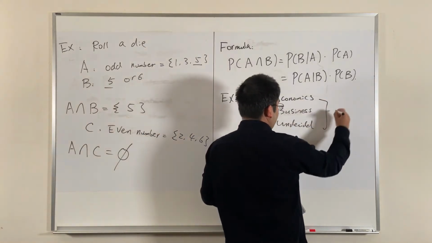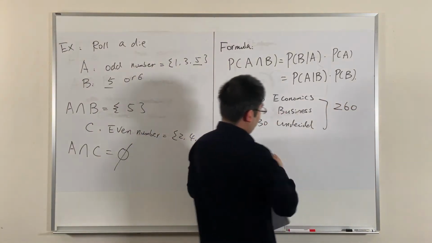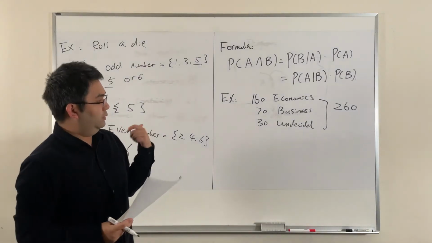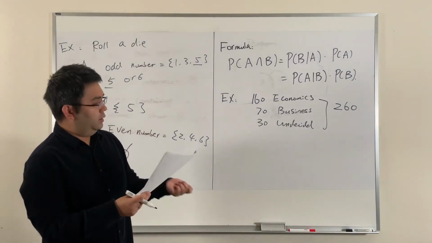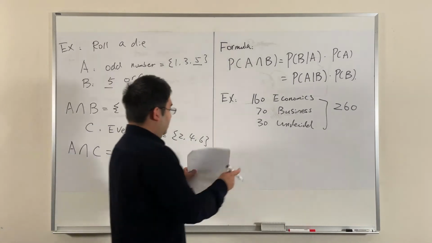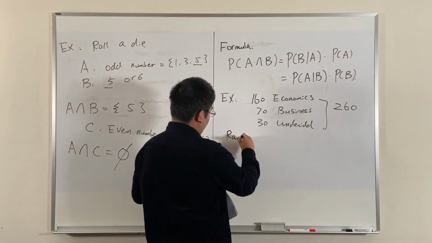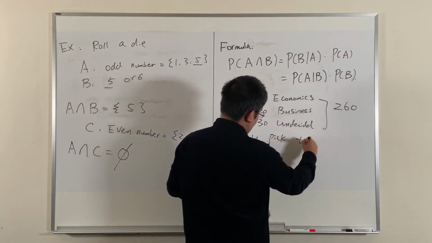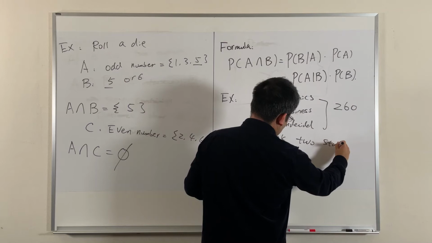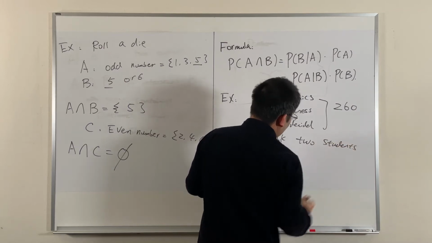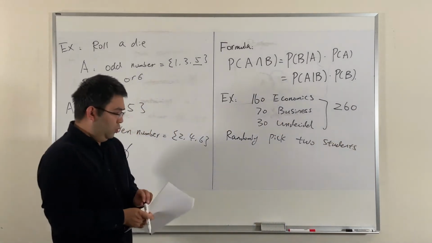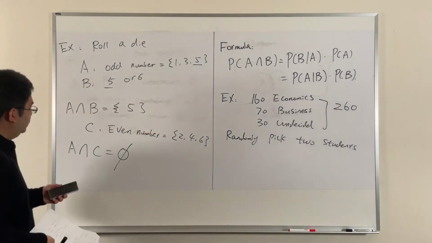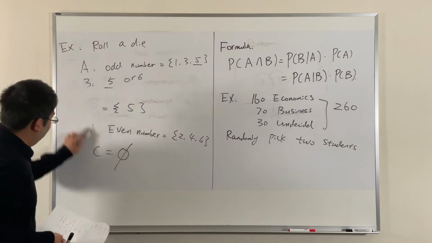This sums up to a total of 260 students. From these 260 students, I want to randomly pick 2 students. And I want to ask the question: what is the probability that both of the 2 students I picked are business majors?